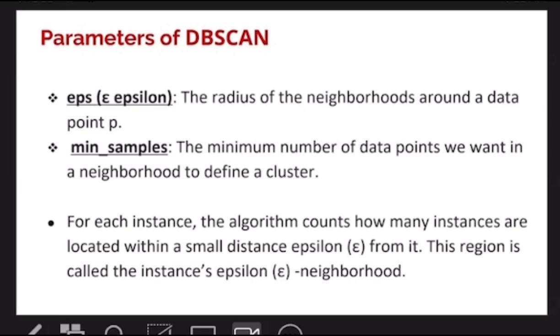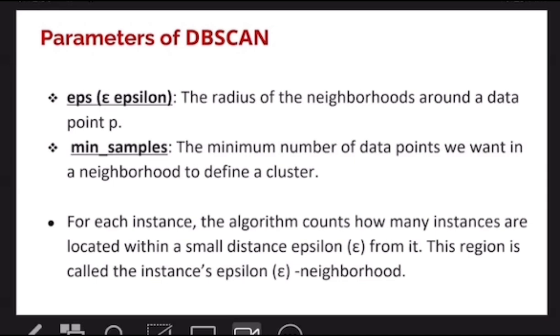So I said for each instance, the algorithm counts how many instances are located within a small distance epsilon from it, which means a researcher will be the one that sets a threshold on the minimum distance you're going to tolerate between objects before they can be classified into the same cluster. Does that make sense? The epsilon must not be so large and must not be so small.